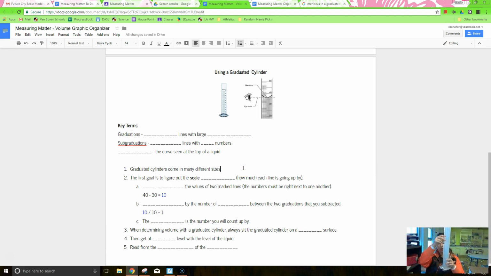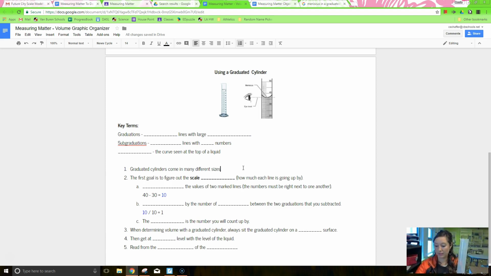You can have very large graduated cylinders. And so this will actually fit 1,000 milliliters of liquid. This one's also fitting 1,000 milliliters. It's shorter, but you can see it's wider. So that's how we're still able to fit the same amount of liquid in here.